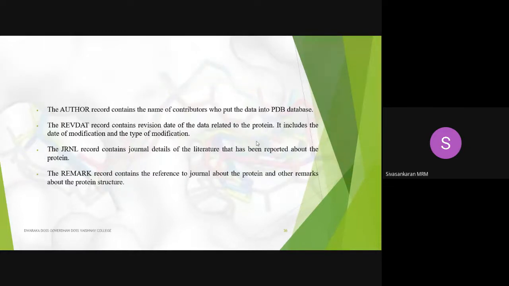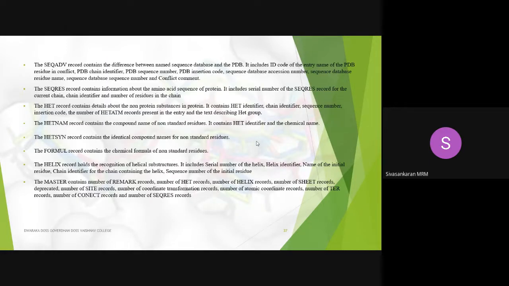The author record gives you the information about the names of the contributors who are involved in the particular database, and other records are in general. It's a huge output given in detail. For example, the master record contains the HET records, the number of helix records, and sheet records. So we can get full information about the proteins we are searching for.